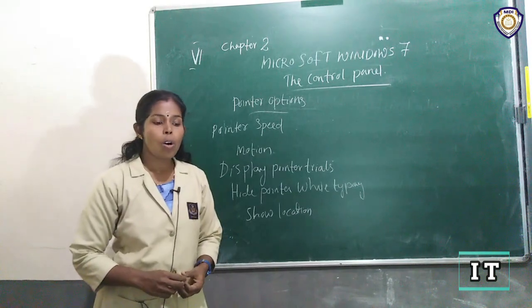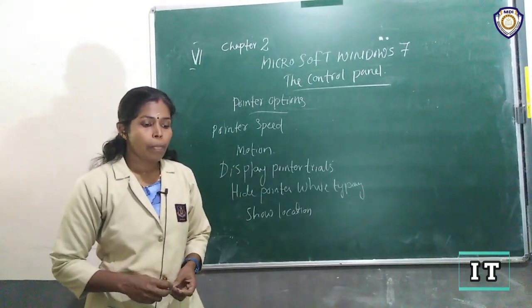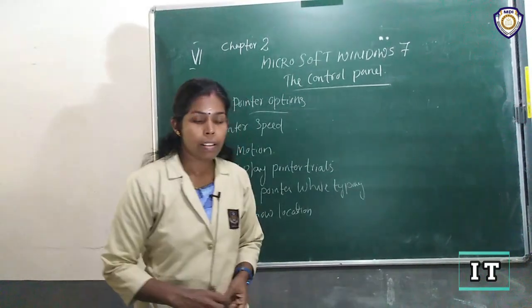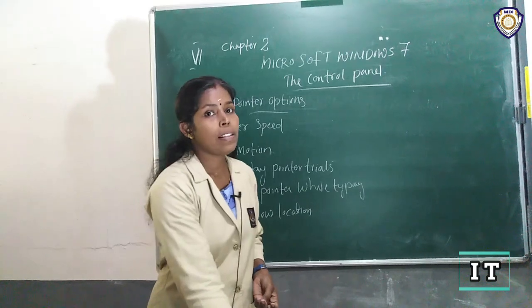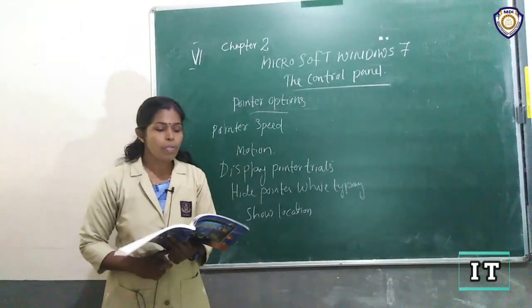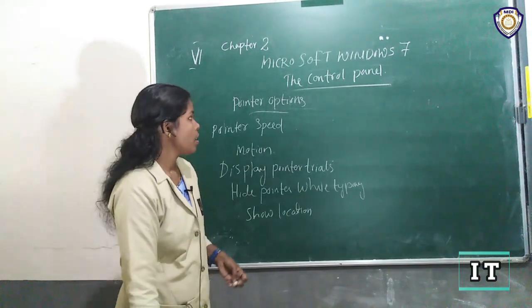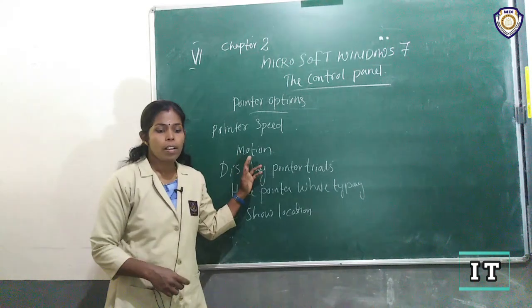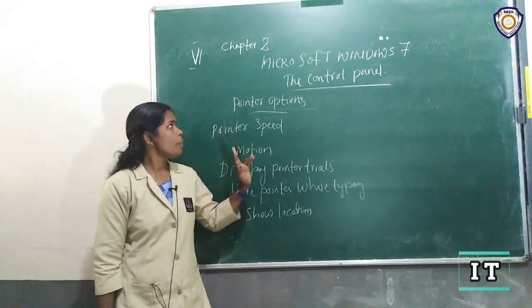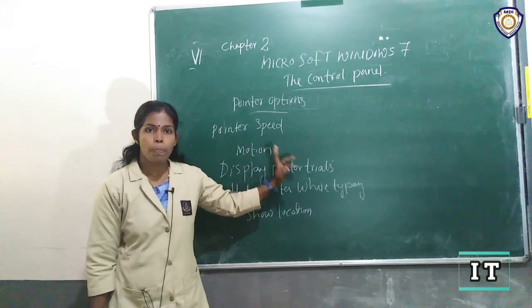Pointer options. That is, in this mouse properties, we can see Buttons is the first tab, and then Pointers, and in this we change the pointer type. Then next, Pointer Options, we can change the pointer speed.